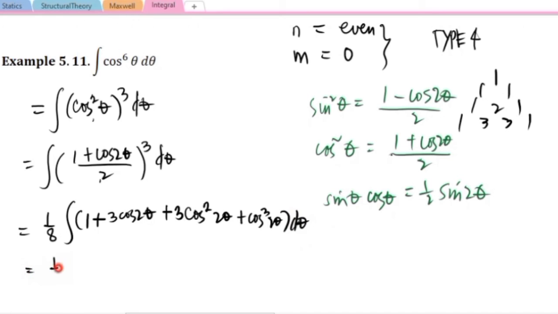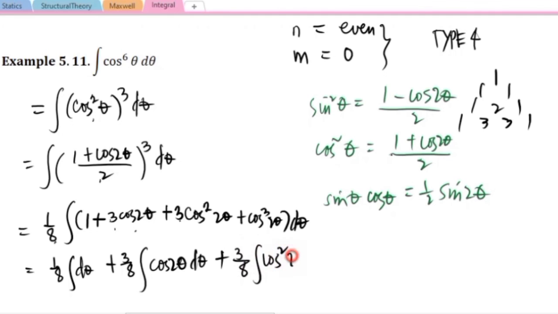So we would have here 1/8 integral of d theta plus 1/8 times 3, so that's 3/8 integral of cosine 2 theta d theta plus 3 times 1/8, so that's 3/8 integral of cosine squared 2 theta d theta plus 1/8 times this term, it's 1/8 integral of cosine cube 2 theta d theta.